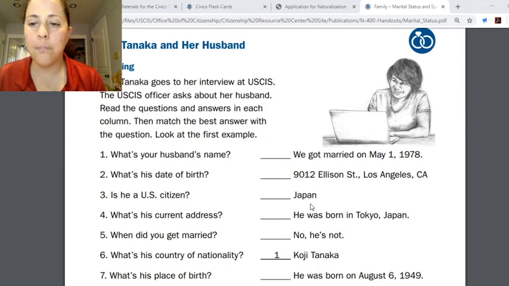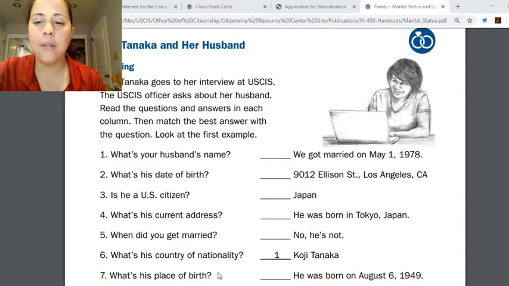Okay. People from Vietnam are called Vietnamese. People from China are called Chinese. People from Korea, South Korea, are called Korean. Very good.